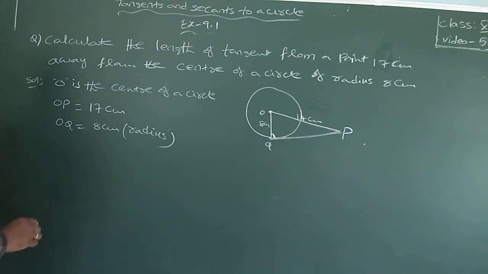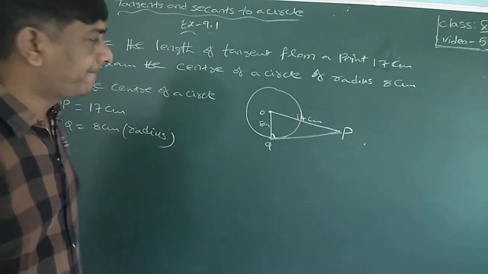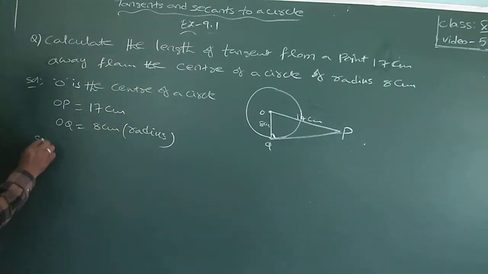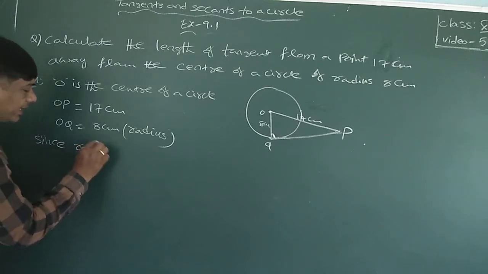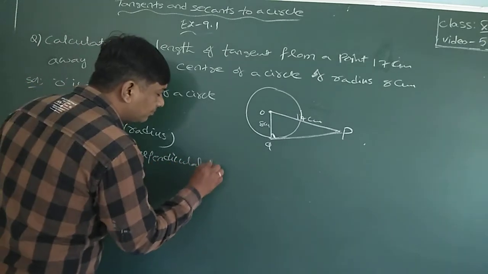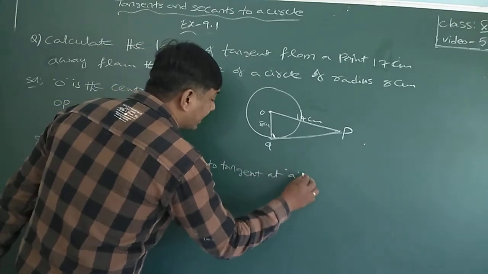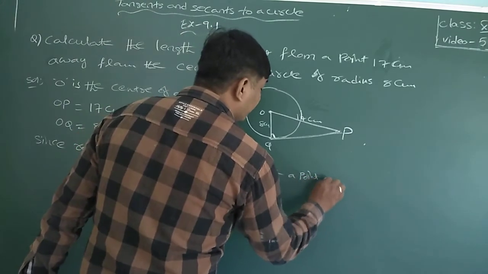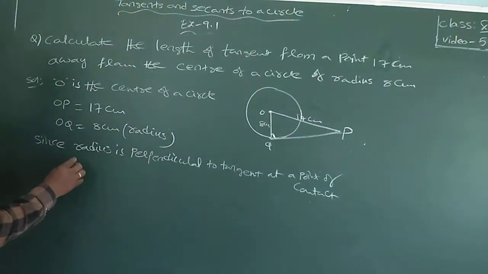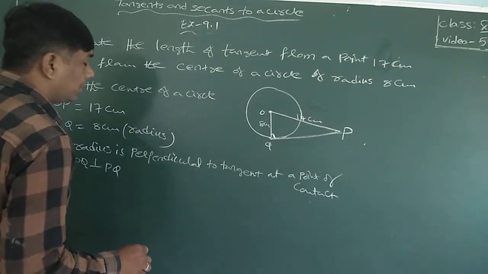Since the radius is perpendicular to the tangent at the point of contact, OQ is perpendicular to PQ.